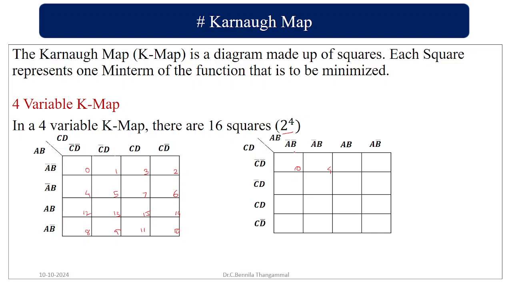Here it is going to be 0, 0, 0, 1. So this is 0, 1, 3, 2, 4, 5, 7, 6, 8, 9, 11, 10. Again this is going to be 12, 13, 15 and 14. So this is how the cell values change.